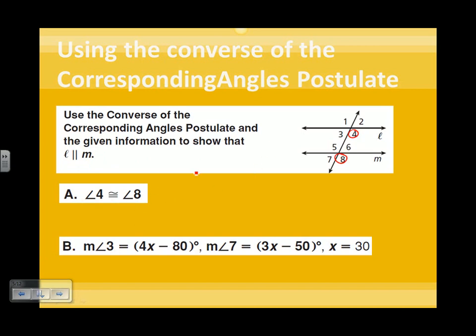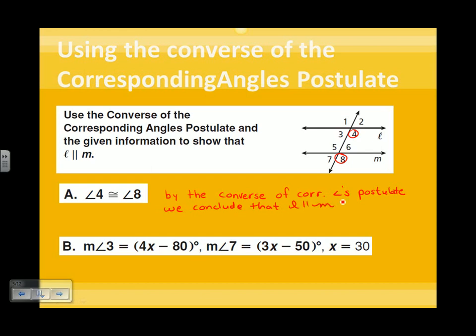Because angle 4 is congruent to angle 8, by the converse of the corresponding angles postulate, we can conclude that L is parallel to M.